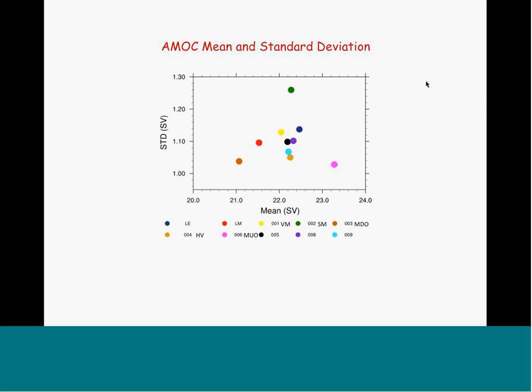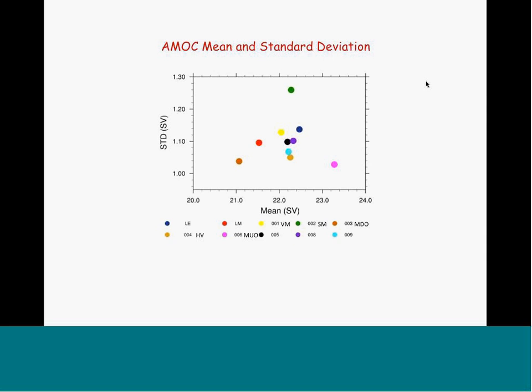These are mean and standard deviation distributions, a scatter plot of all of the experiments. What I wanted to point out is that in the past, there were studies indicating that the AMOC variability depends on the AMOC mean state. Particularly, the larger the mean AMOC, the larger the standard deviation or variability seems to be in some models.